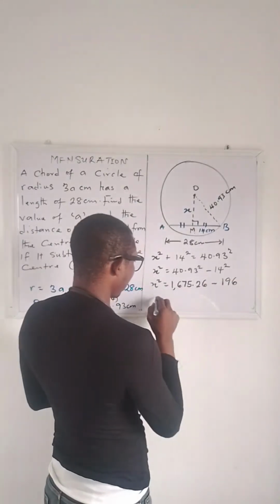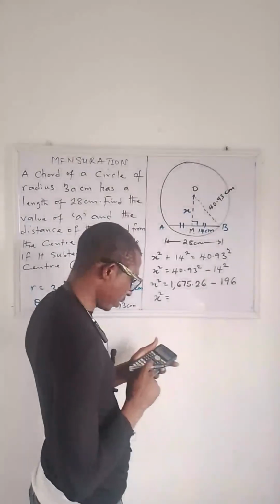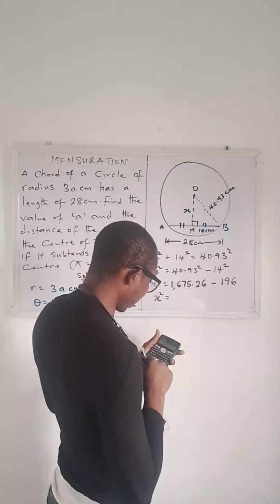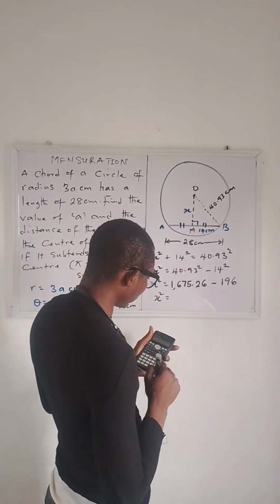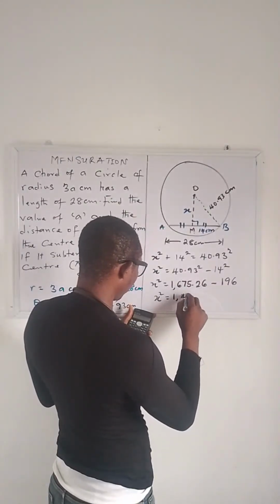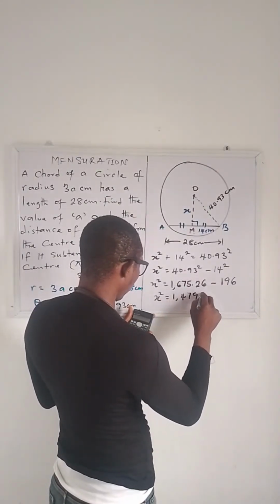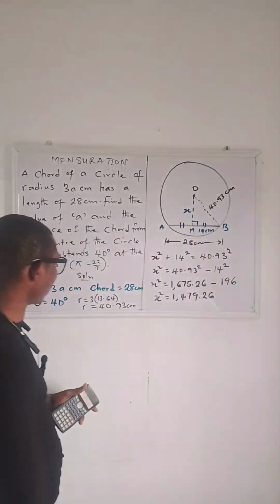All right. So x squared, let's take this away, minus 196. Okay, so what do you have? You have 1479.26. Okay, so we can take the square root of both sides.